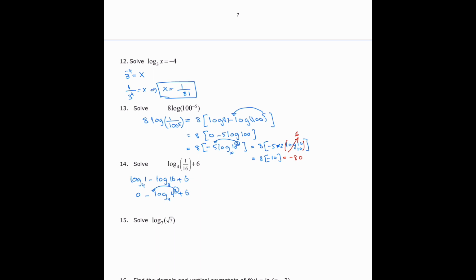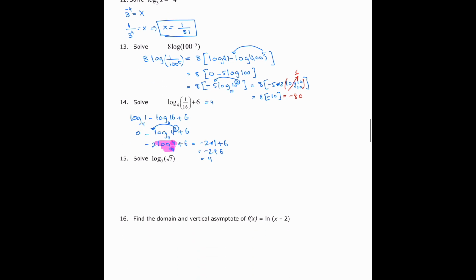I'll bring the power down, so negative 2 log base 4 of 4 plus 6. This is equal to 1 because the base is equal to the argument. So it's going to be negative 2 times 1 plus 6, which is negative 2 plus 6, which is equal to 4. So that expression is equal to 4.